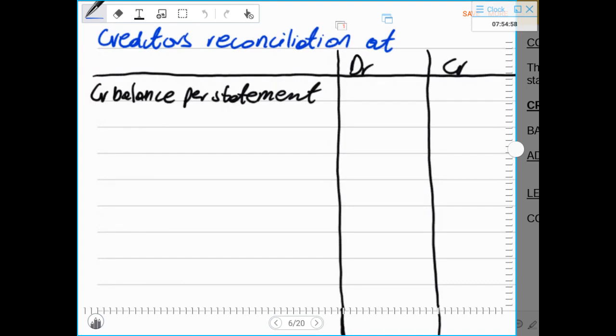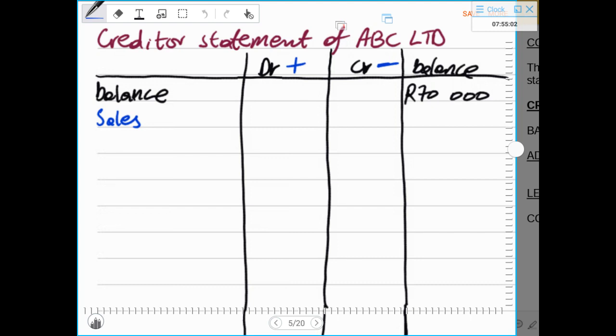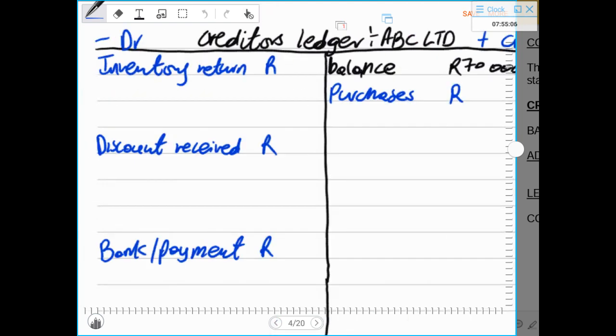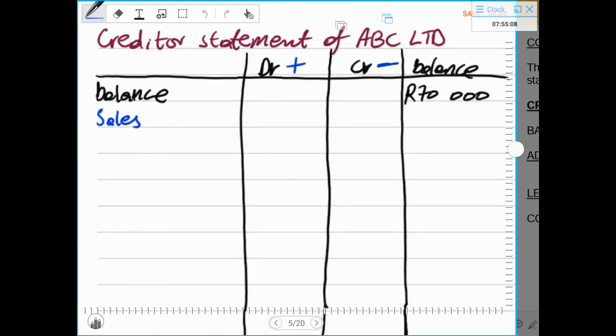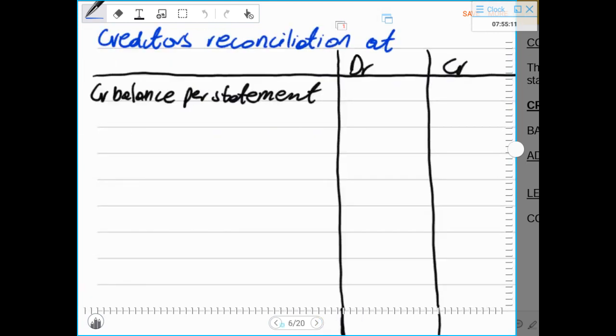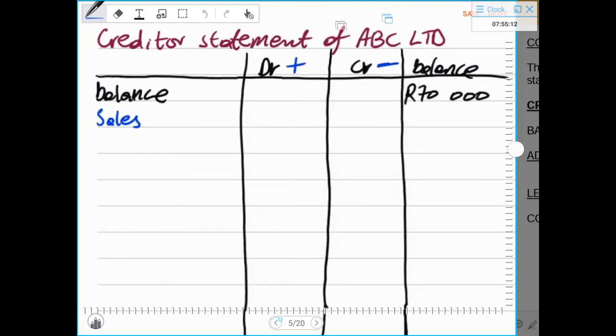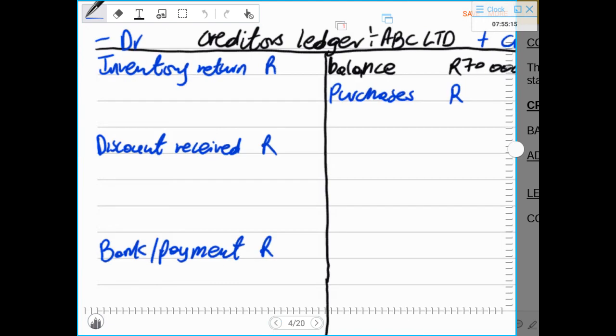So now remember, the purpose is to reconcile. So now that means my statement must be incorrect and my ledger account must be correct, so that I can do my creditors reconciliation in this note. So now these are the major things that get to be recorded in the creditors ledger.